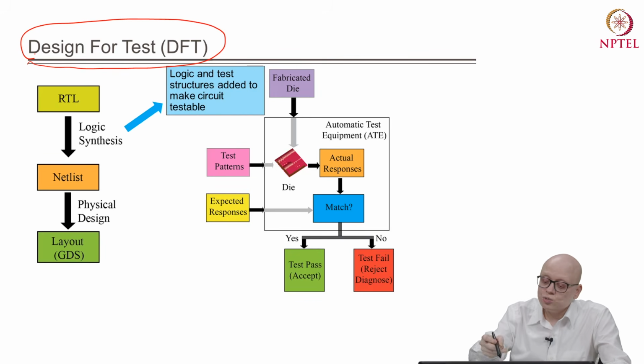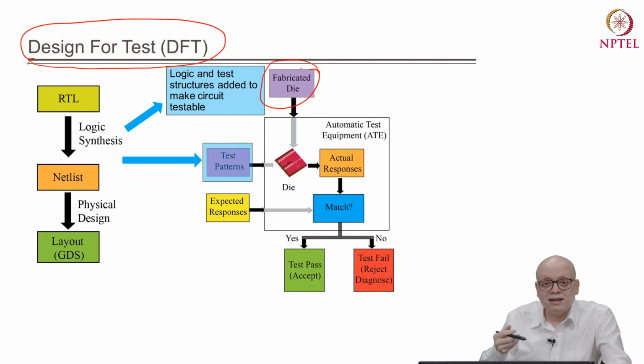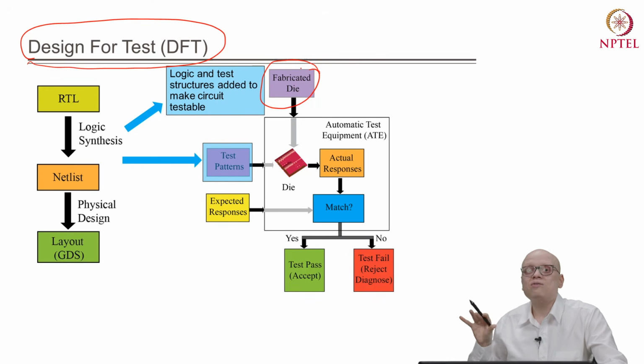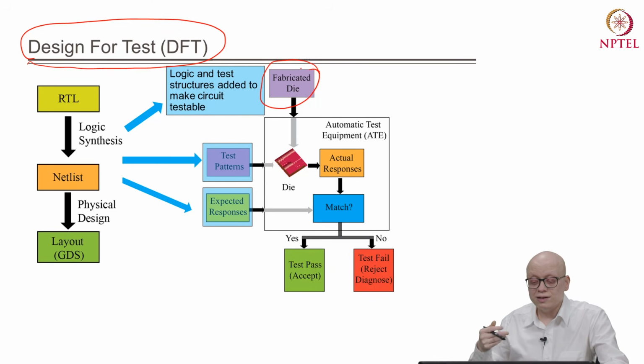The first task is to insert logic structure inside our fabricated die such that testing becomes easy. The second part is to get good test patterns which will be able to detect faults or differentiate between a faulty and a fault free circuit. And third is what should be the expected response from a good circuit; we need to get that information during the design phase.